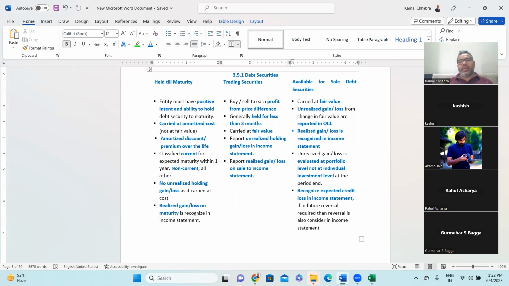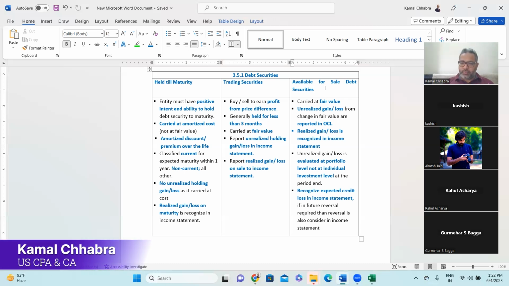In that scenario, if there is an unrealized gain or loss, it has to be reported in other comprehensive income. Second, if there is an actual sale of an available for sale debt security, there is a realized gain or loss. Once you realize it, it will be booked into the income statement.